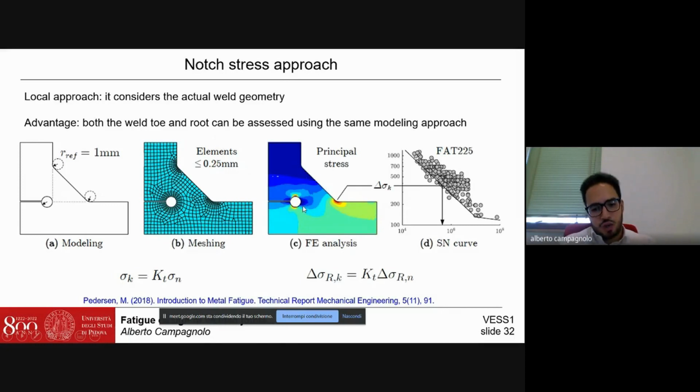After that, we can solve the analysis and calculate the principal stresses at the root and at the toe side of the joint. When having the range of the principal stresses calculated directly at the toe side, for example, we can enter the fatigue strength curve and estimate the fatigue life of the structure.